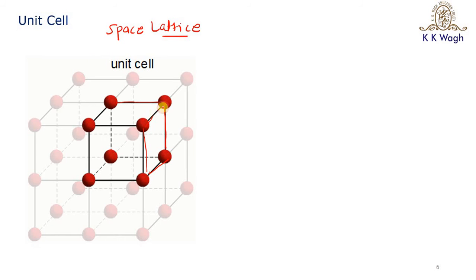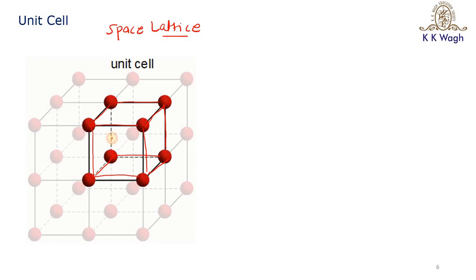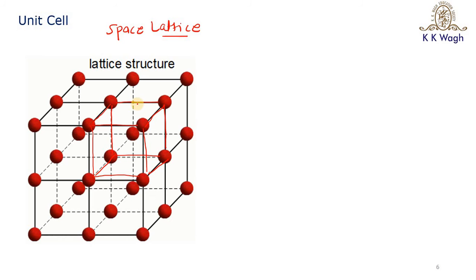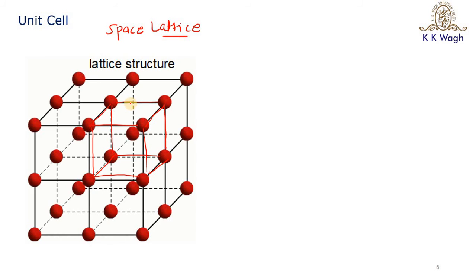If we connect all these imaginary lines in all the three dimensions like this, then what will form is nothing but the space lattice. Clear? So what is called a space lattice? Space lattice is three-dimensional, as we have sketched these imaginary lines in all the three dimensions. We can say that the space lattice is the imaginary lines which are drawn in all the three dimensions.